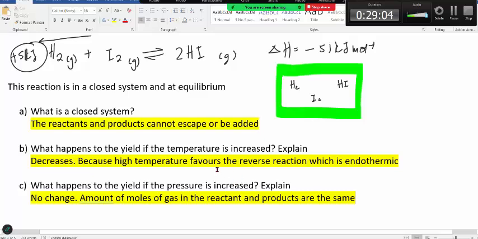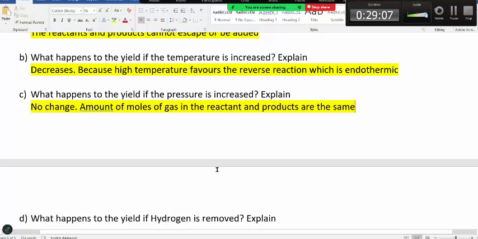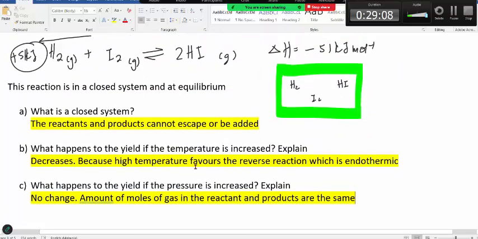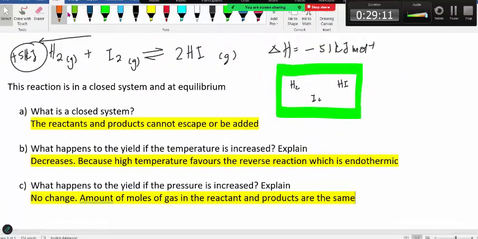Okay, last question. What happens to the yield if hydrogen is removed? If I remove hydrogen, then it will shift where? Forward or backward? Backward.